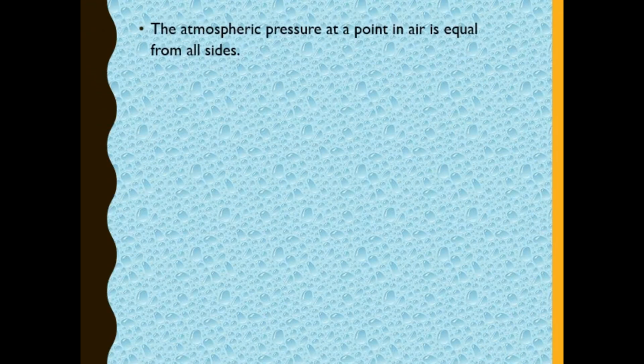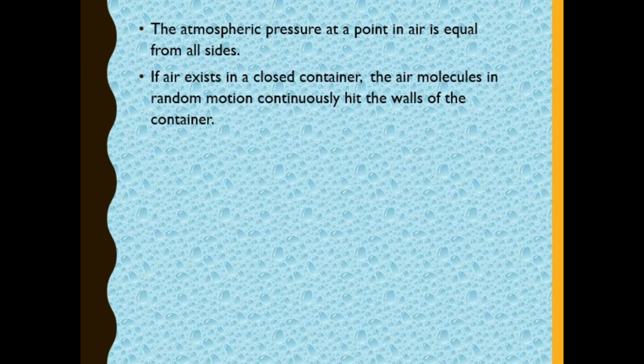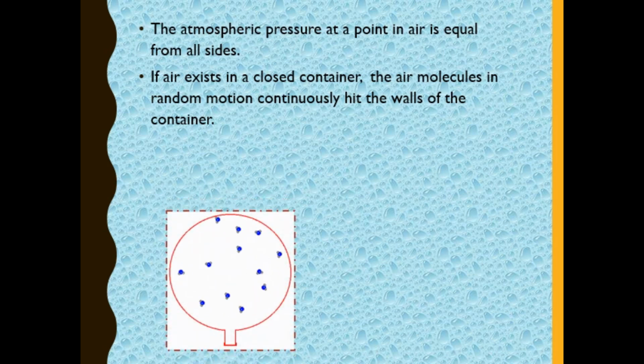The atmospheric pressure at a point in air is equal from all sides. If air exists in a closed container, the air molecules in random motion continuously hit the walls of the container. As you can see, this is a balloon in which air molecules are trapped. These molecules are not stationary. They are moving continuously and hitting the wall of the balloon.